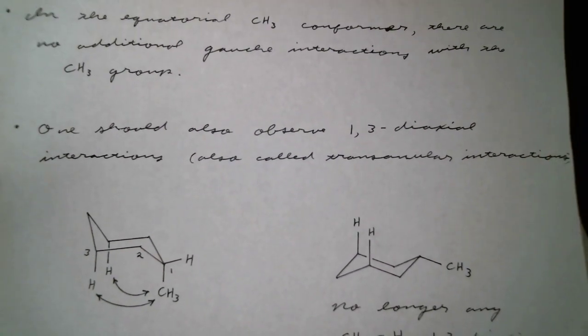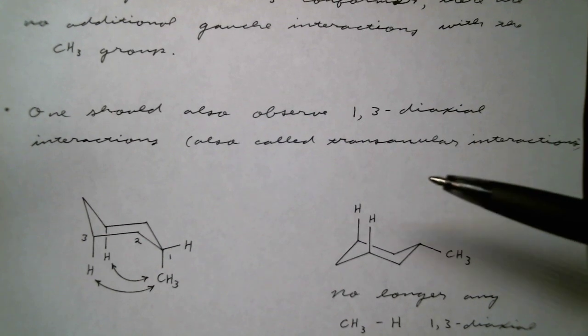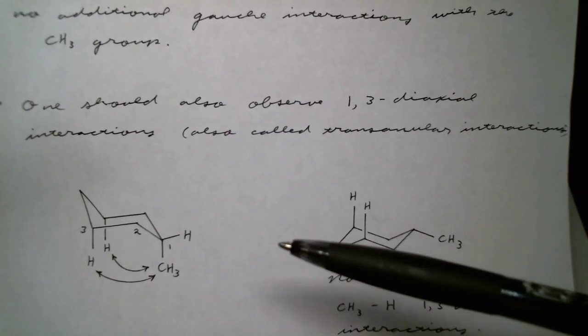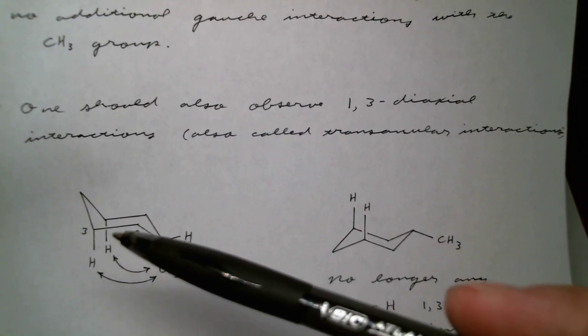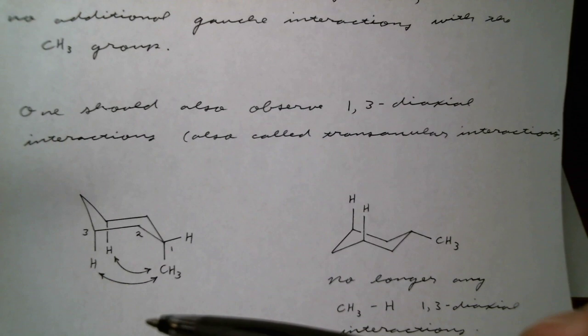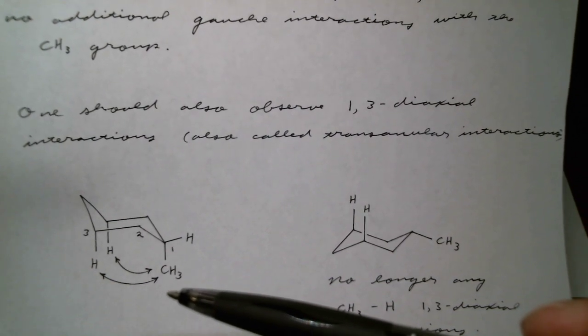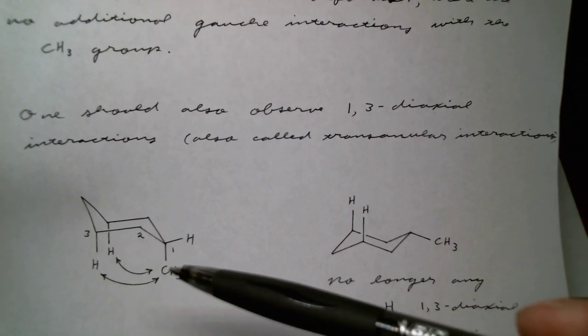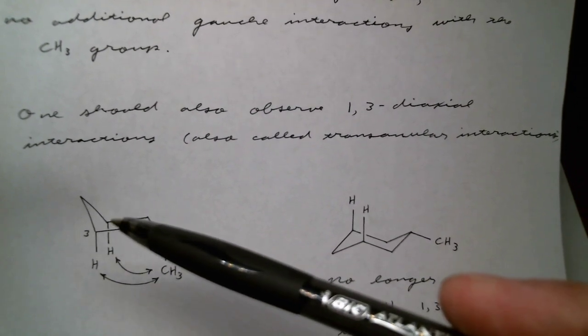One should also observe the 1,3 diaxial interactions, also called transannular interactions, between the methyl group and the axial hydrogens. In fact, these are exactly the gauche interactions between the methyl group and carbon 3 and the methyl group and carbon 5.